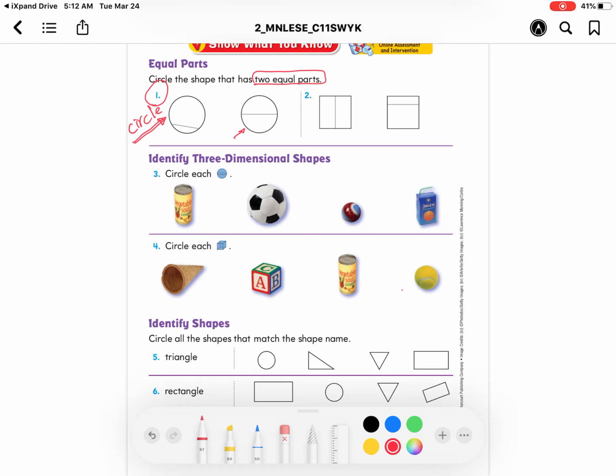So, which shape has two equal parts? Let's color it in order to find out. It will make it much easier for us. So here, we can make it like this. Okay, and here we can make it like this.